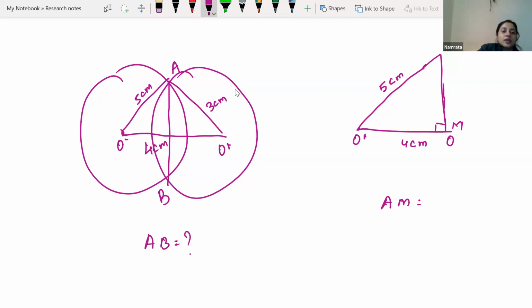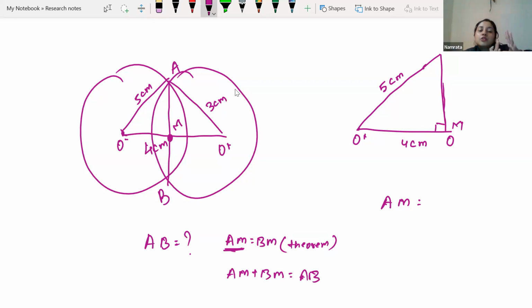What we did, we said that okay, AB we want to find, here is the point M. We know AM and BM will both be the same by the previous theorem. So if we find AM only, we can add AM plus BM and get AB directly, easily. So we concentrated totally on finding AM.